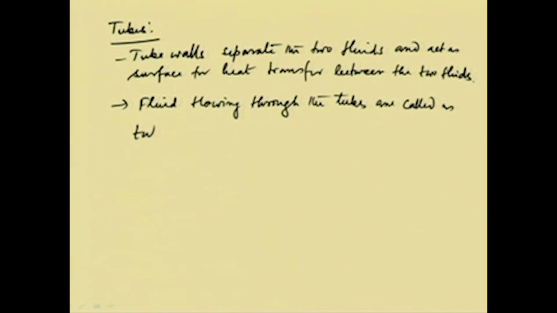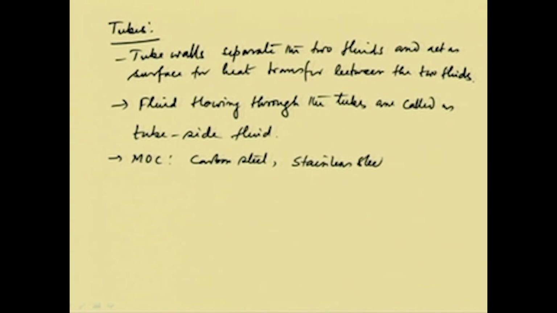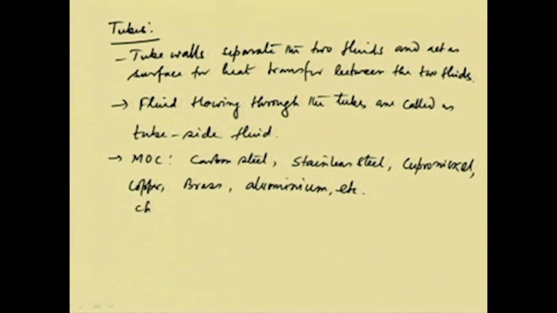Called as tube side fluid. Okay, and then usually the material of construction used in this case is carbon steel, then stainless steel, then cupro nickel, copper, brass, aluminum, etc. And again, that choice of material of construction depends on the application.